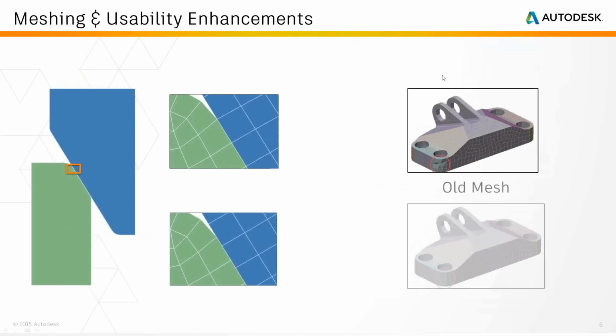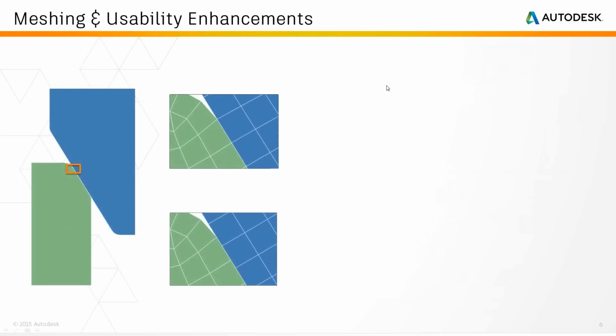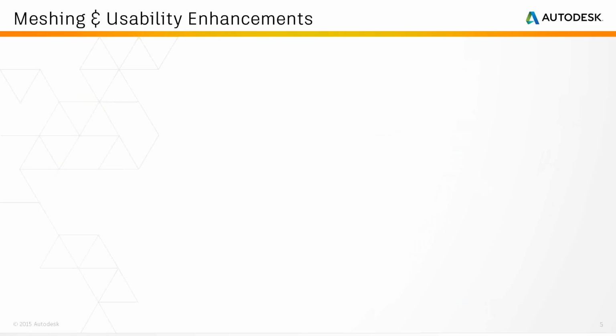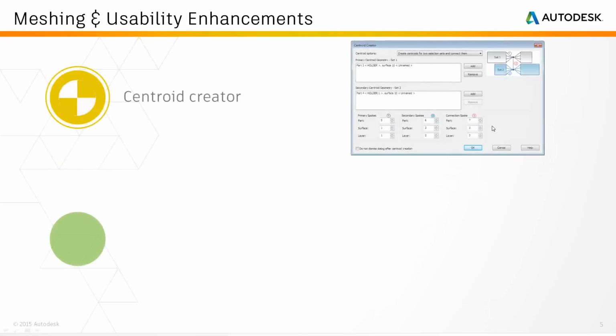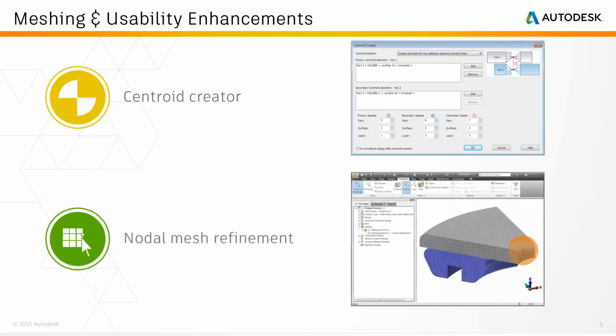And let's talk about why we did all of this. It's because we wanted to be able to give our users an option to choose the type of element they want for each set of spokes.